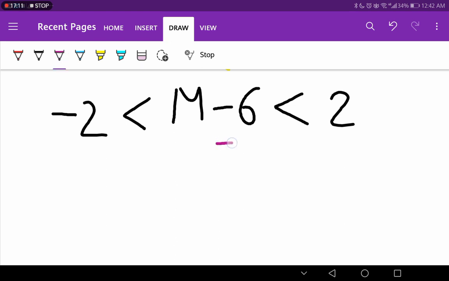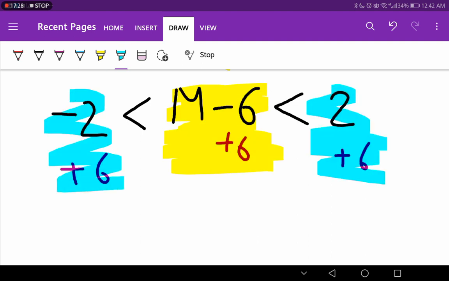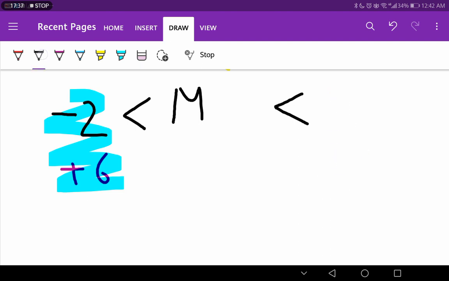You add 6 here, but because you add it in the middle, you have to add it on the right also, and on the left also. What you did here, you have to do here and here. So here it is gone with the wind, and here it will be 8, yes, and here it will be 4.